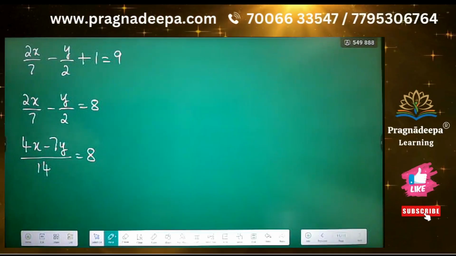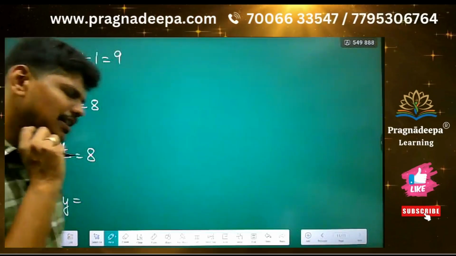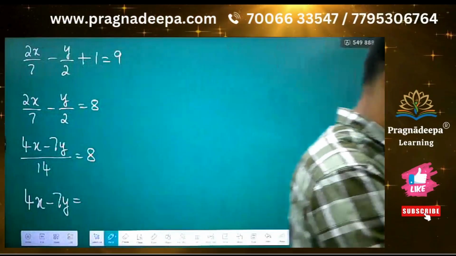See, if you understood equation 1 correctly, constructing equation 2 will not be difficult, because the procedure is the same. Students understand the procedure is not changed. Now, 14 8s are how much? 14 8s are 112.